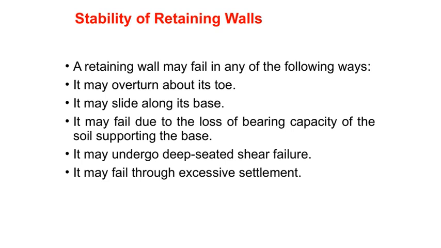These failure modes remind us how crucial it is to properly design and assess retaining walls, ensuring they can withstand various forces and soil conditions. Ultimately, understanding these potential failure mechanisms helps us create safer, more durable structures that effectively support the terrain we're working with.